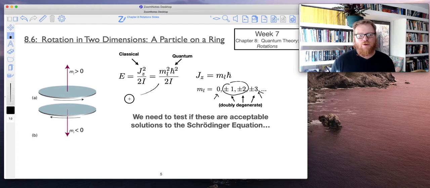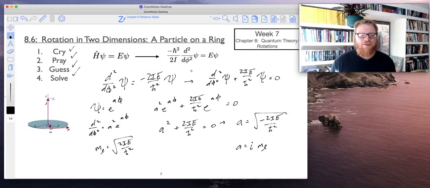Well, what if I rearrange this? Let's do that. I multiply both sides by 2I, so I've got 2IE. And now I'm going to divide both sides by h bar squared and take the square root. That gives me the quantum number m sub l, which is really cool, that we know that it's a quantum number.